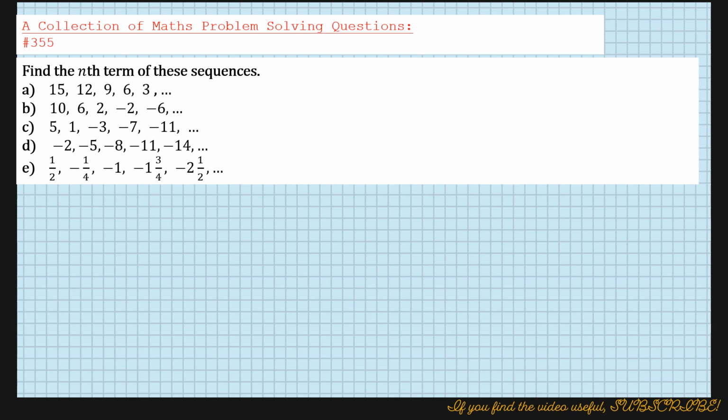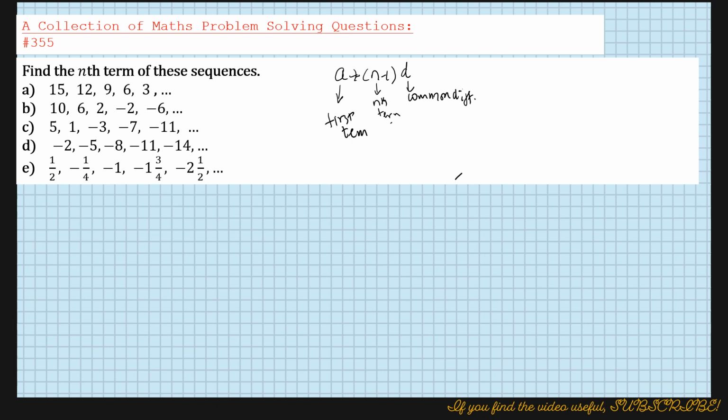So what we do know is, in an arithmetic sequence, the nth term can be written as a plus n minus 1 times d, where a is the first term, n is the sequence, the nth term, and d is the common difference.